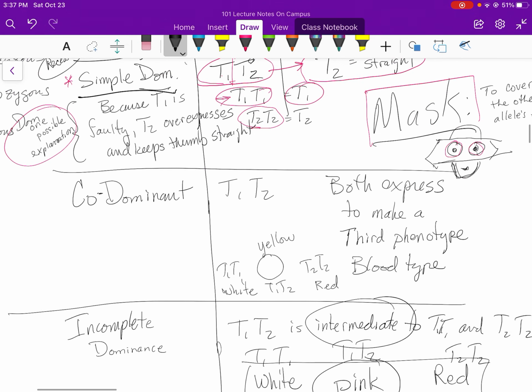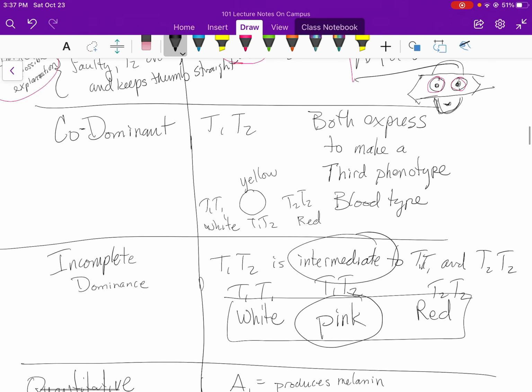So, I could ask you what sort of phenotypes might be the case for codominant, for incomplete dominance. So I've got some different categories. In a codominant case, we're mostly looking at this heterozygote, right? This individual here that's T1 and T2. In this case, when they're codominant instead of simple dominant, then the heterozygote forms a third phenotype.